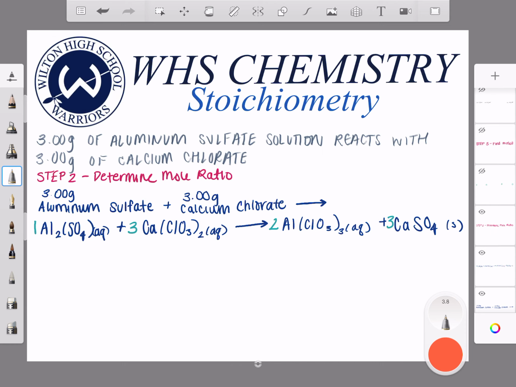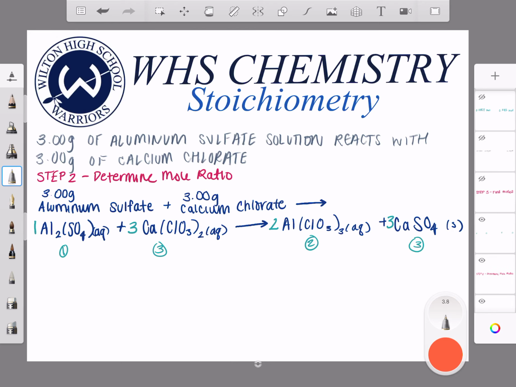In order to do that, we look at the coefficients in front of each of our compounds, and that is our mole ratio in our reaction. I always like to write that underneath each of them and circle them.